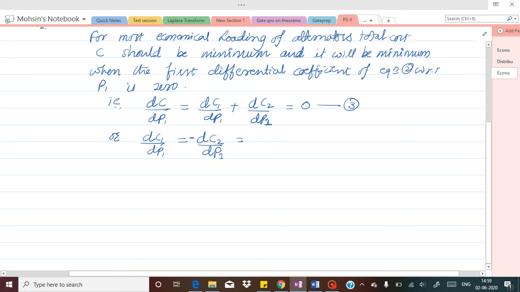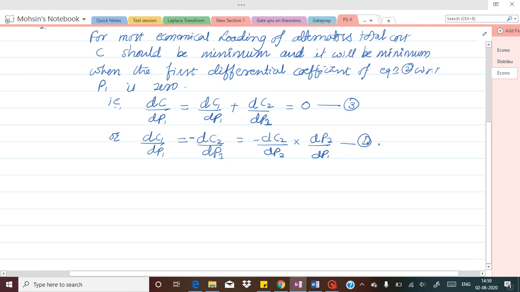Or we can rearrange the terms here by dividing and multiplying by dP2 on the right hand side, so minus dC2 by dP2 into dP2 by dP1.